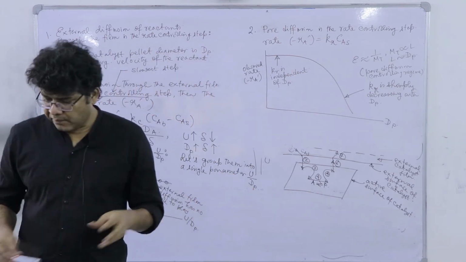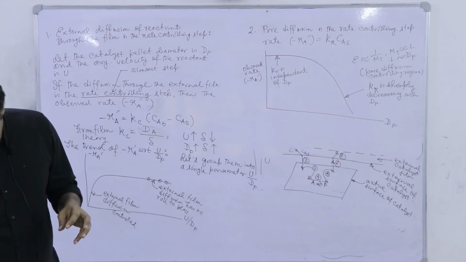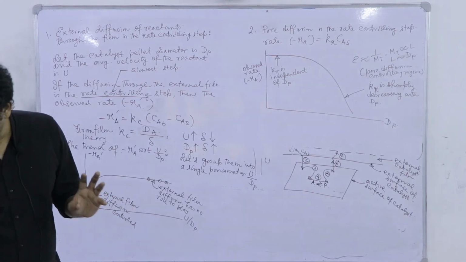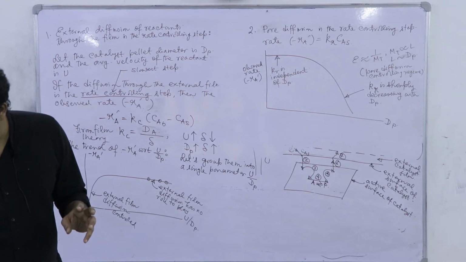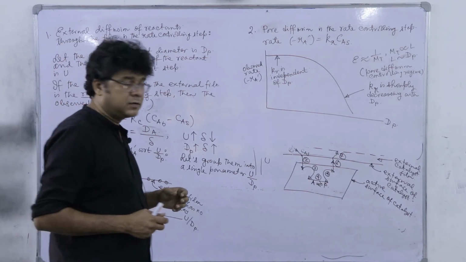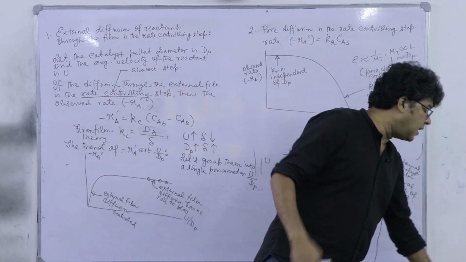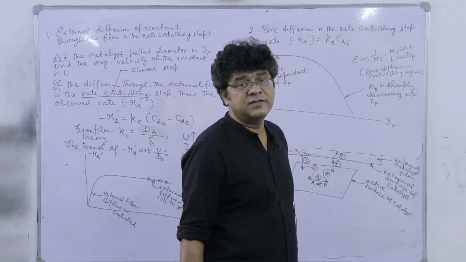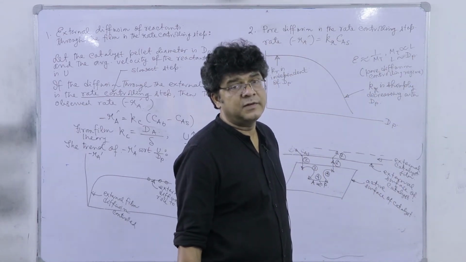So, with these two, let us now pass on first to quantify this process of adsorption. What are the different types of adsorption? What is the equilibrium relation, that is the adsorption isotherm in case of reaction?